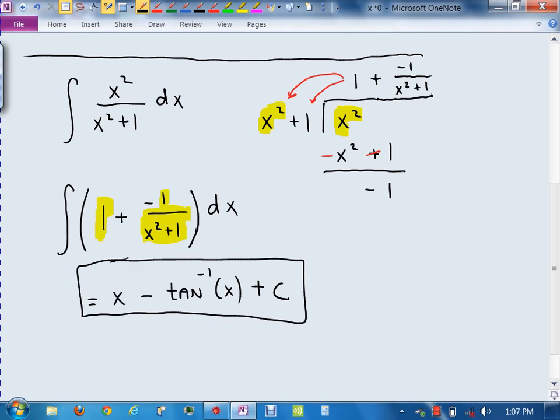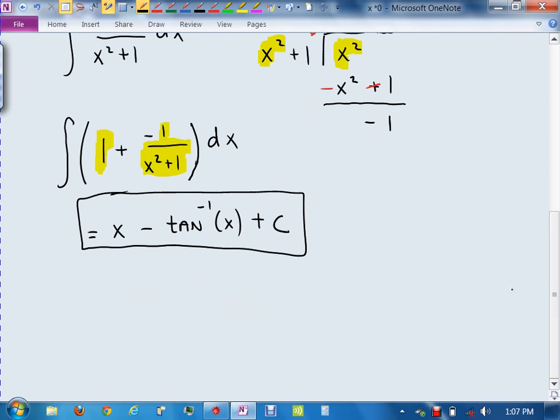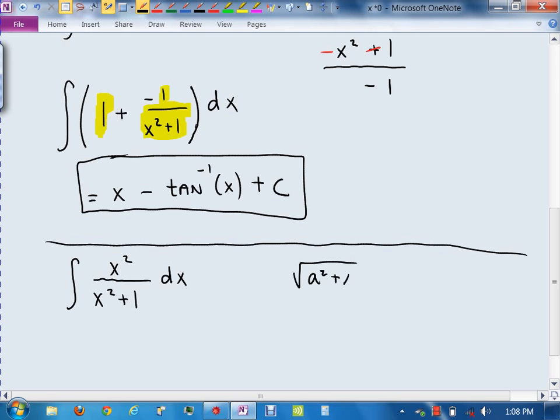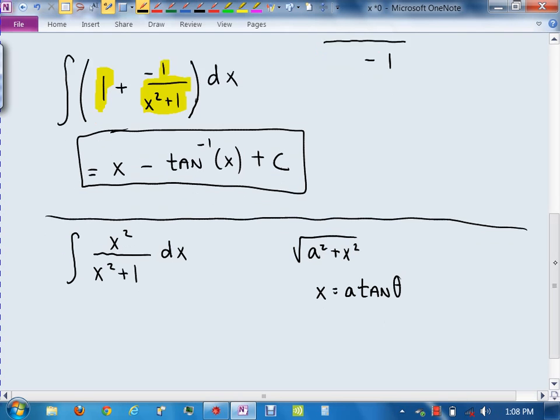Is there another way I could have approached it? Sure. How about this way? Last class we learned about trigonometric substitutions. And we said, what do we do when we see a square root of a squared plus x squared? We made a substitution, x equals a tangent theta. That was our substitution. So for this problem, first I need to see a square root.